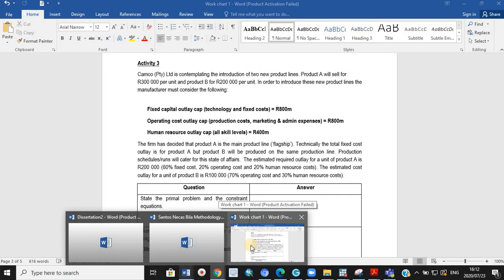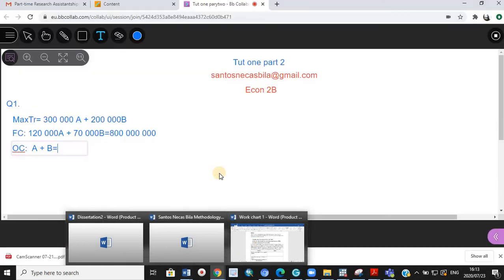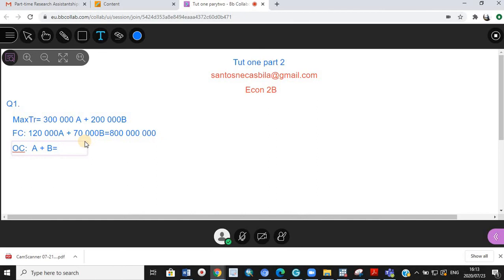As you can see, operating cost, outlaid cap, production cost, marketing and admin should be also equal to 800 million. Very good.